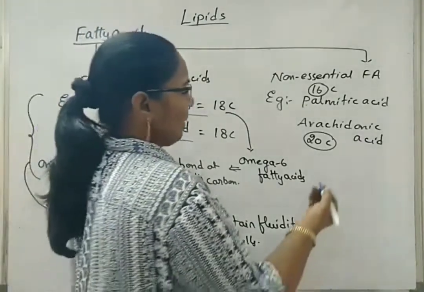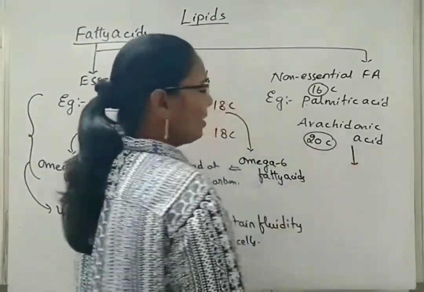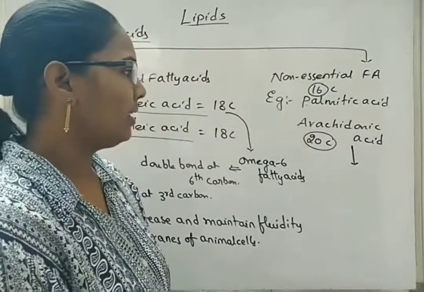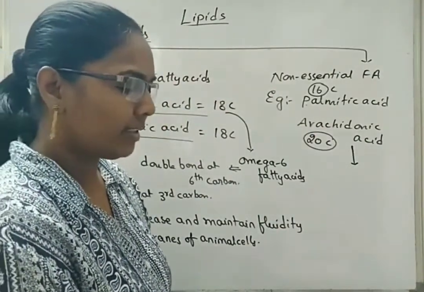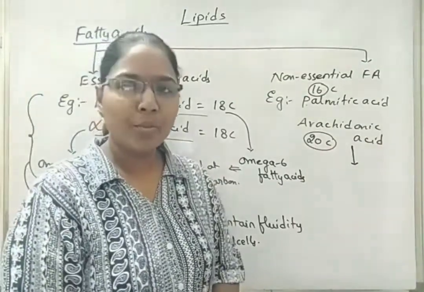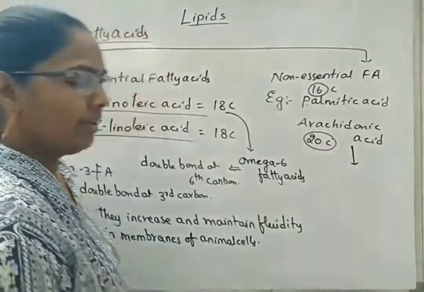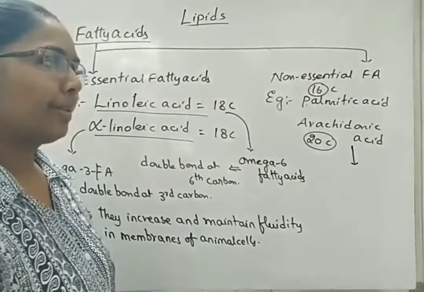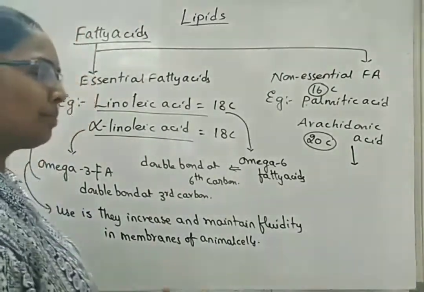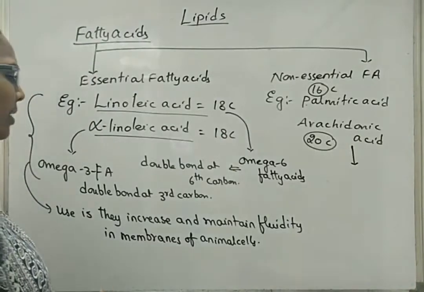Here, arachidonic acid, one use we have to study under arachidonic acid, which is considered a non-essential fatty acid. It supports reabsorption of sodium ions from kidneys in the form of prostaglandins. Means by stimulating the prostaglandins, they support the reabsorption of sodium ions.